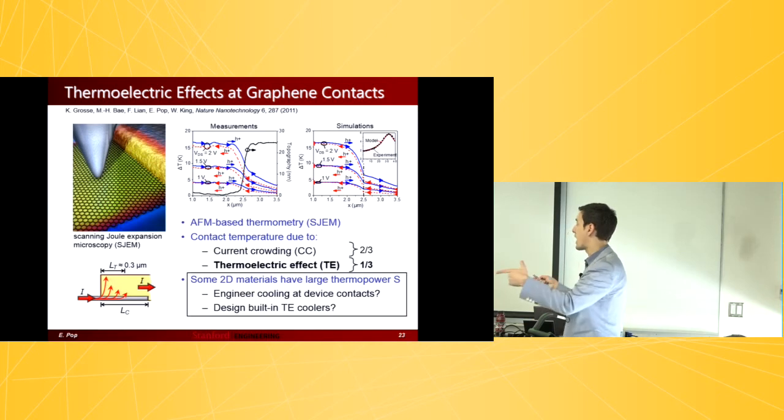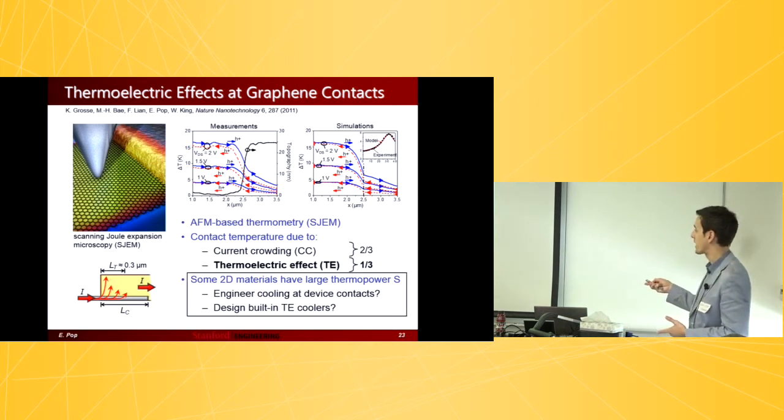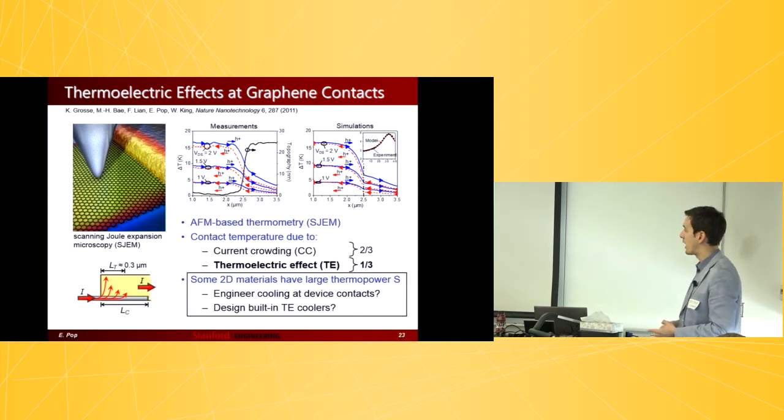When the current flows out of the contact, you actually get less heating, just right in the contact. And so these are two effects happening inside the contacts. One of them is what you would expect, which is current crowding. That controls about 2/3 of the temperature in the contacts. And then the other effect is a thermoelectric effect, which was actually really surprising. We saw it experimentally. Our models couldn't even explain it.